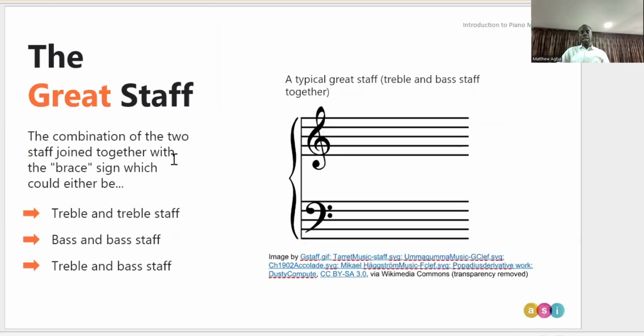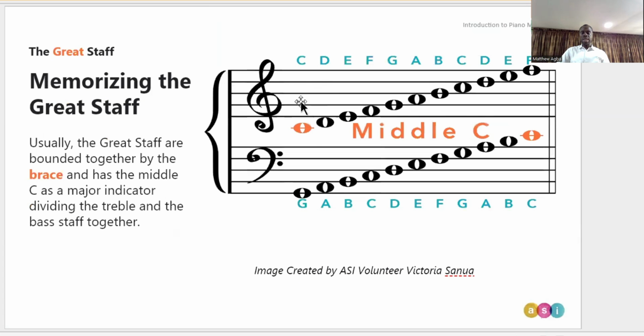We move further to look at the grand staff, the combination of the two staves, treble and bass. Conventionally, as a pianist, as a piano student, you will be exposed to the treble and the bass staff. So we look at how it is written, the notes on the lines and spaces of the grand staff, having these two important symbols, the brace sign and the middle C, which divide the treble and the bass staff into two.